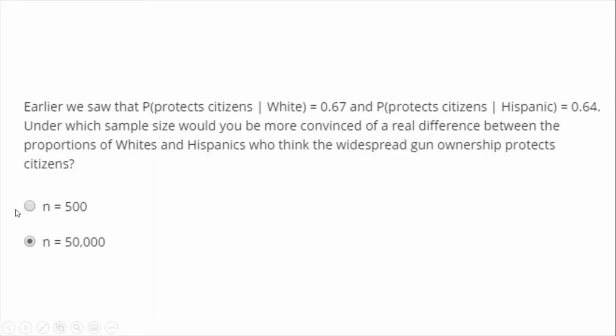There are two scenarios: a sample size of 500 and a sample size of 50,000. The answer is already given. When you have a larger sample size, you can be more convinced of a real difference. But getting 50,000 would be a challenge.